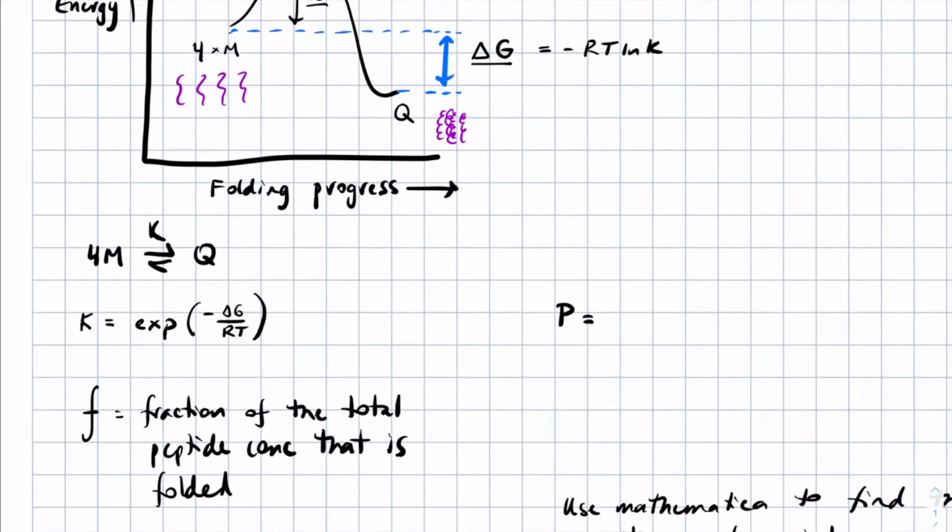We can also write an expression for the total peptide that's present in solution. This is going to be all of the peptide that's present as monomer plus 4 times the tetramer concentration, because each tetramer contains 4 monomers.